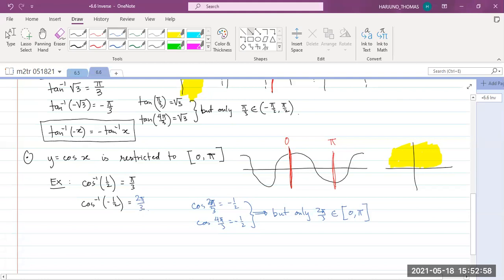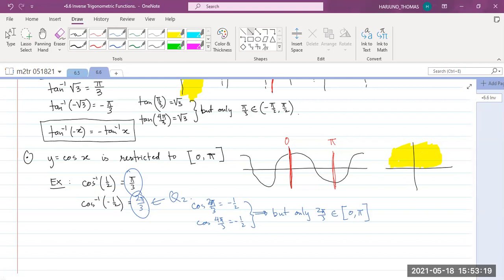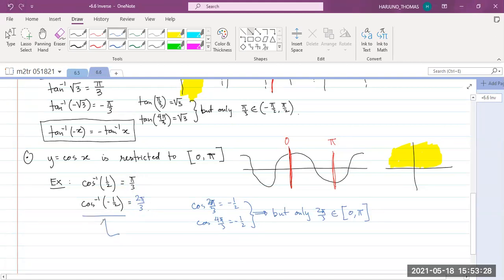Can we do this using the reference angle idea? Yes, in fact, you see that they have the same reference angle. So this guy and this guy have the same reference angle, but this one is in quadrant 2. One way to look at that is to see it this way: the cosine inverse of negative 1/2 is pi minus the angle in quadrant 1, cosine inverse of 1/2.